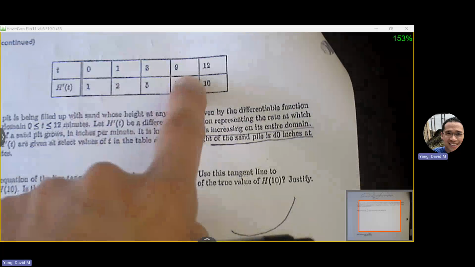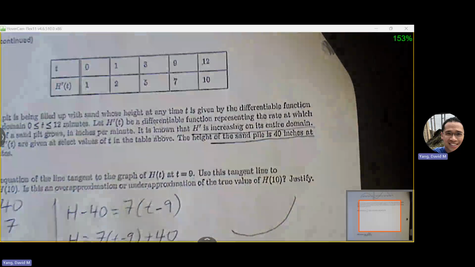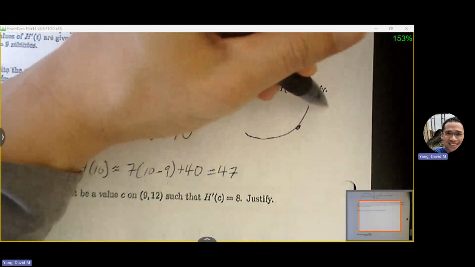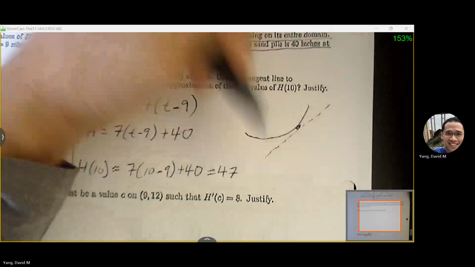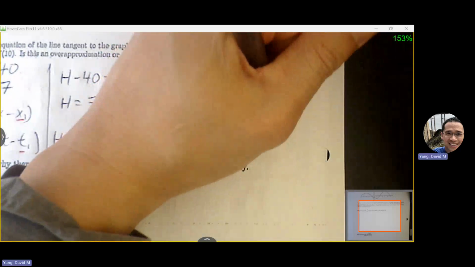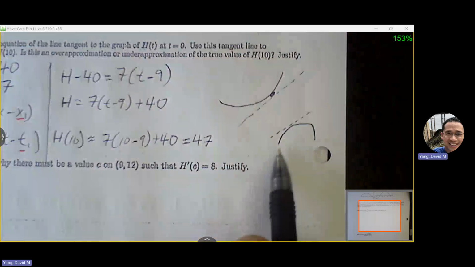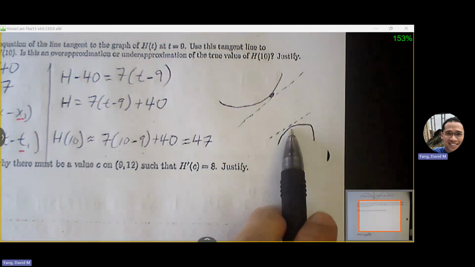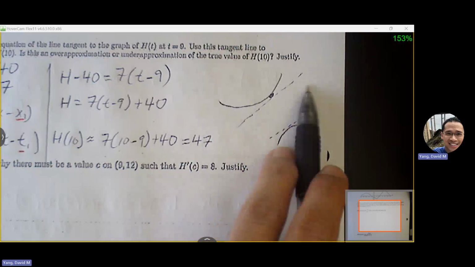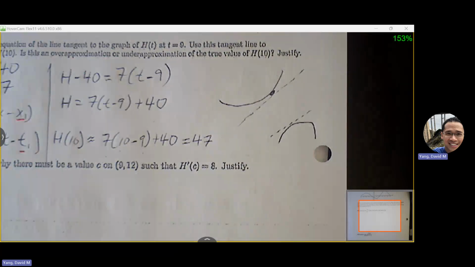If H prime is increasing, that means my second derivative is positive, which means that it's concave up. And any approximation that I do on a concave up graph is always going to sit below the curve. Meanwhile, if something is concave down, then any approximation is going to be an over approximation because any point on that line is going to sit above the curve. But here, concave up, my linear approximation to that tangent is always going to be an under approximation.